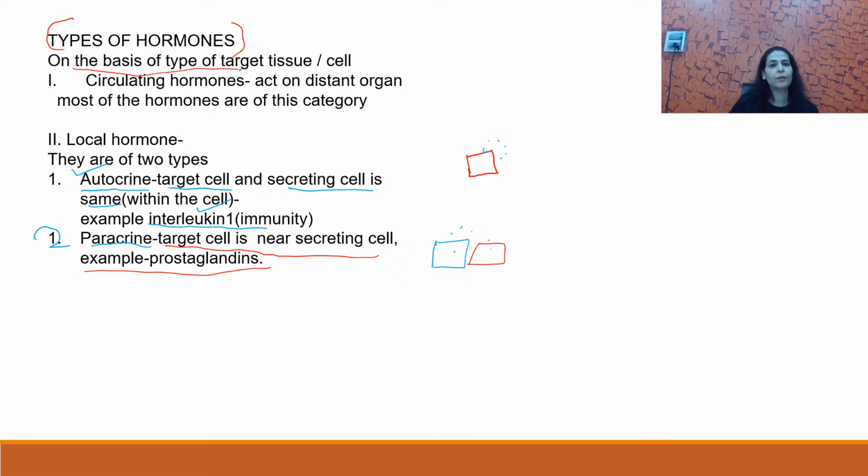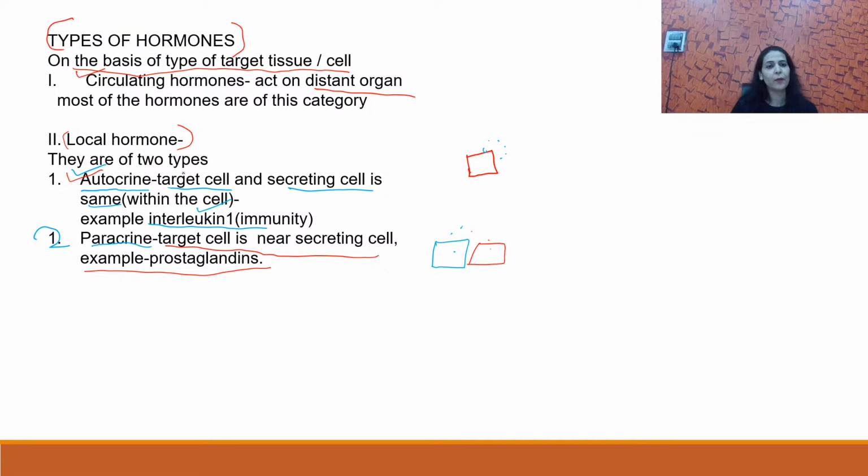We are learning about types of hormones. These are on the basis of target tissue or the cell which they act on. Type 1 was circulating hormone. They are released in the blood and they act on distant organs. But there is a category which is known as local hormones. These poor local hormones, nobody pays attention to them, but they are very important. So local hormones, in that category you have autocrine.